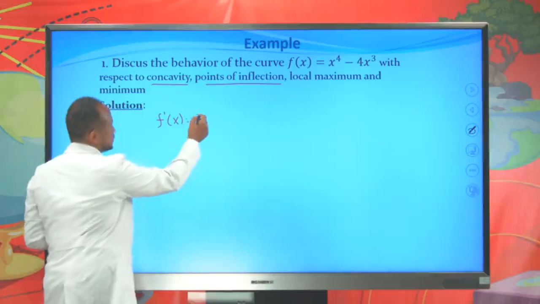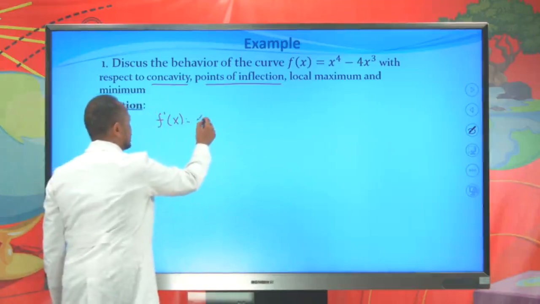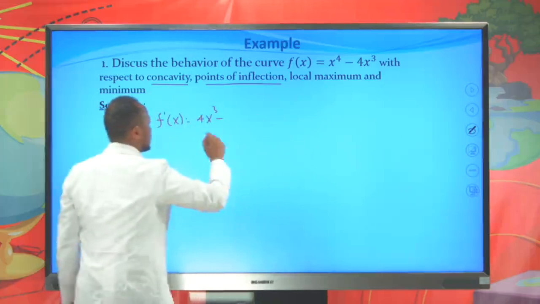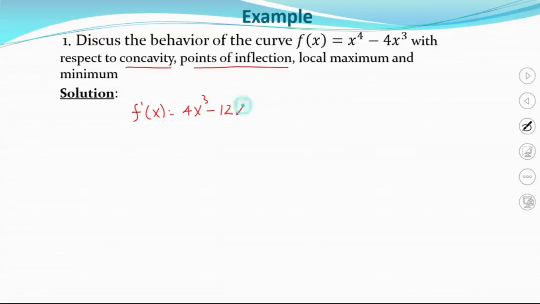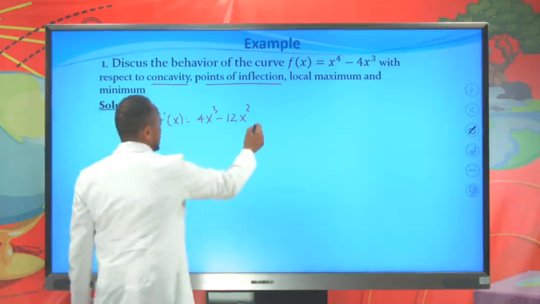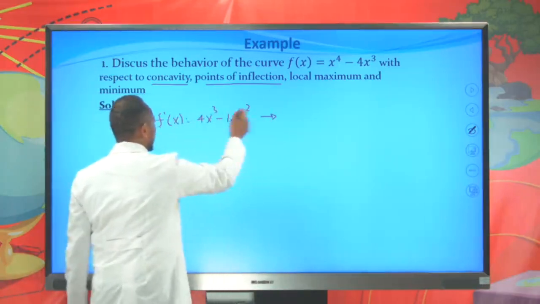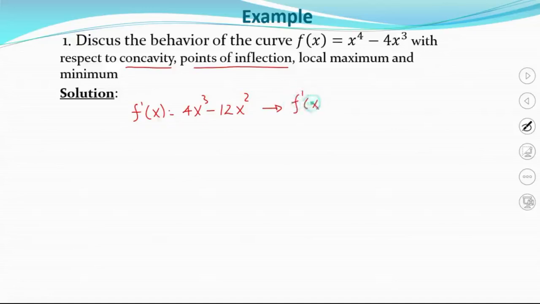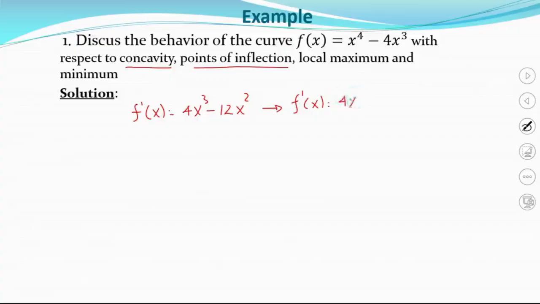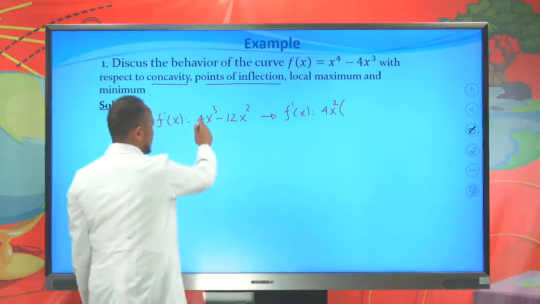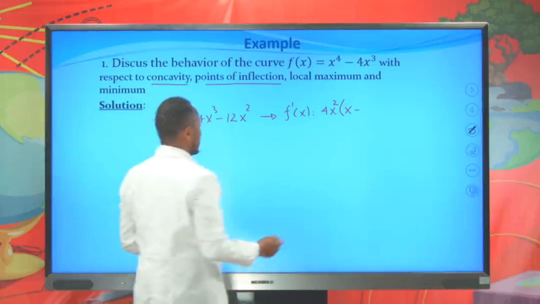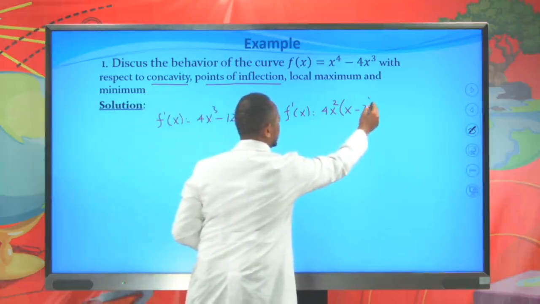So the first derivative of our function is 4x cubed minus 12x squared. From this I can find the critical numbers. The first derivative is equal to, let's take 4x squared as a common factor, 4x squared times x minus 3.